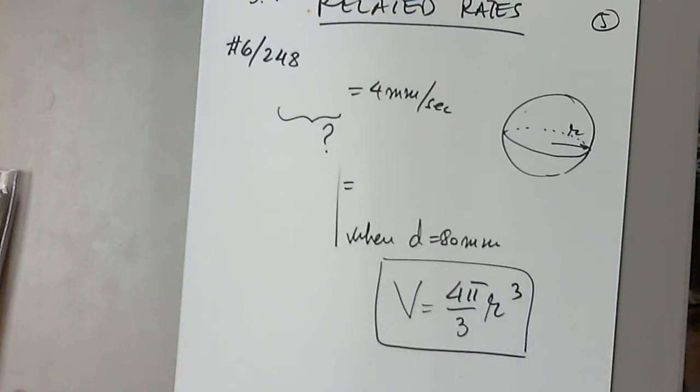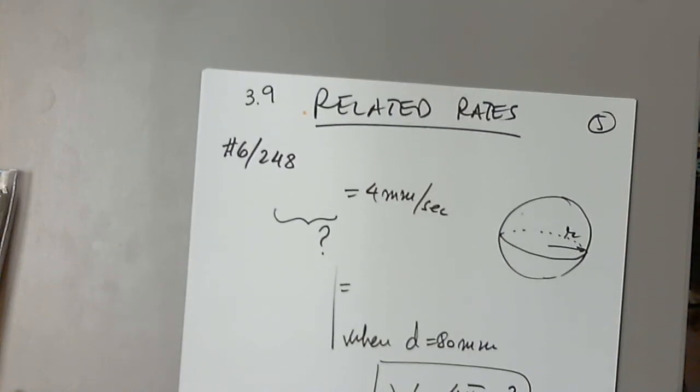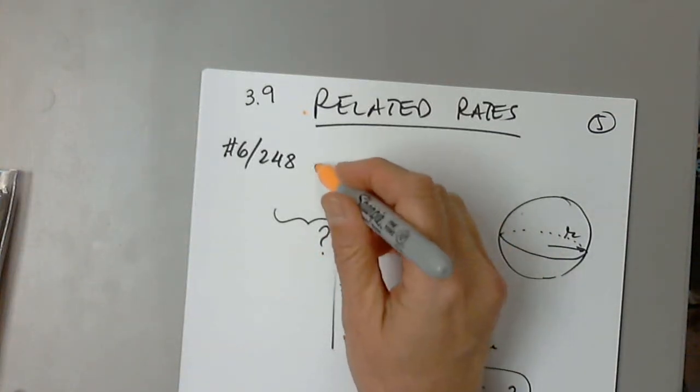This is the formula for the volume of a sphere. So what is given in the problem? We are told that the rate of change of radius with respect to time is 4 millimeters per second. So how do I denote this? Where I have the question mark, what is on the left-hand side of the equal symbol? So what do I write here?